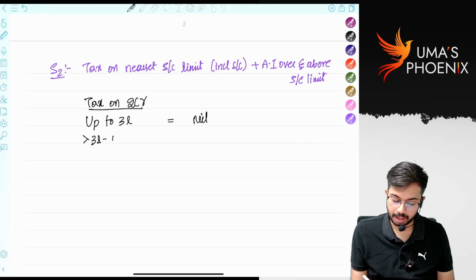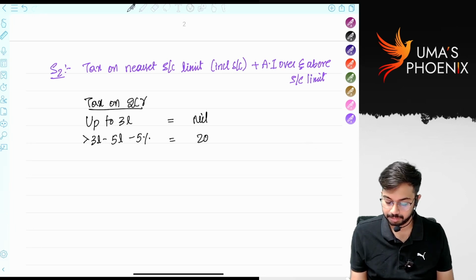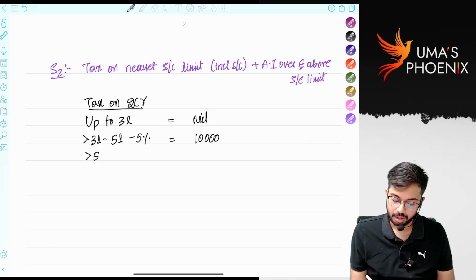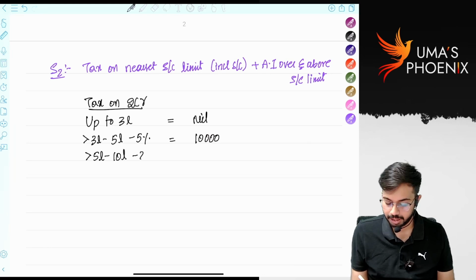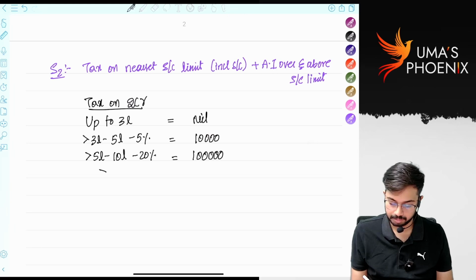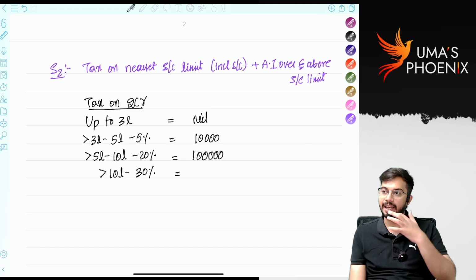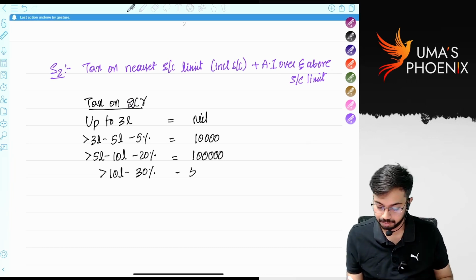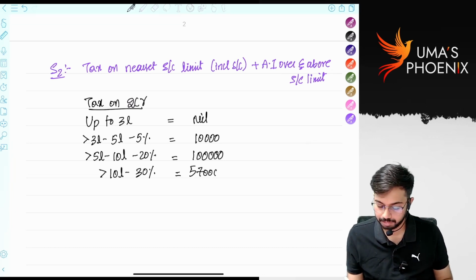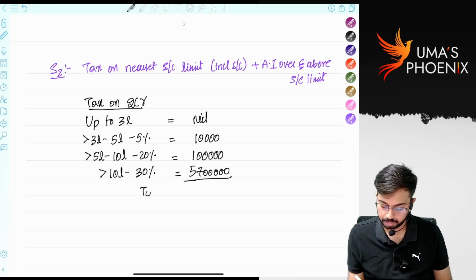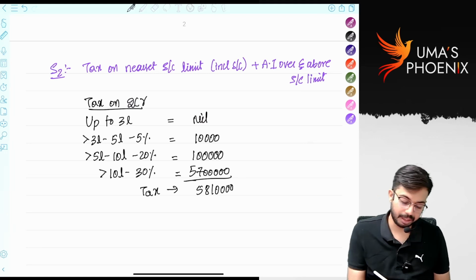Greater than 3 lakhs up to 5 lakh tax rate is 5%. Then tax rate is 20%, tax amount is 1 lakh. So 1 crore 90 lakhs into 30%. 58 lakh.